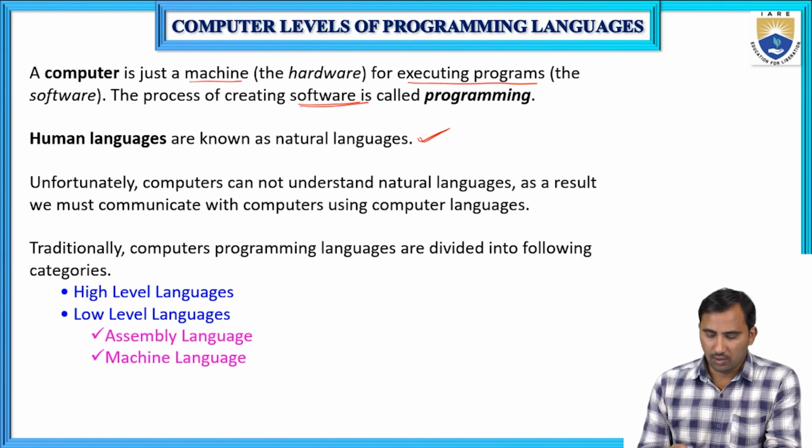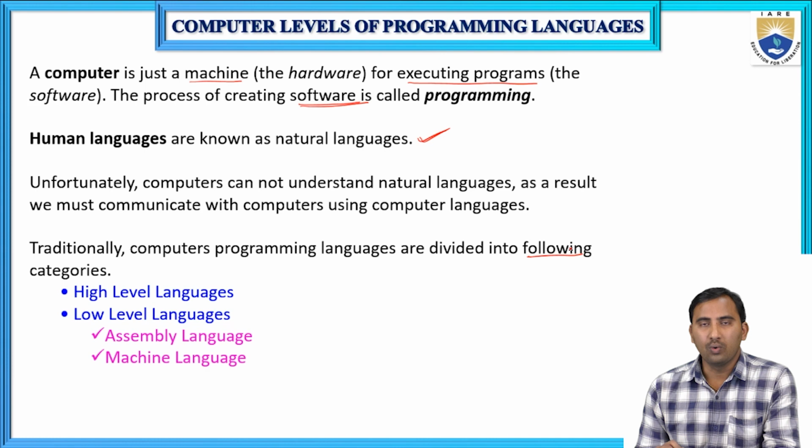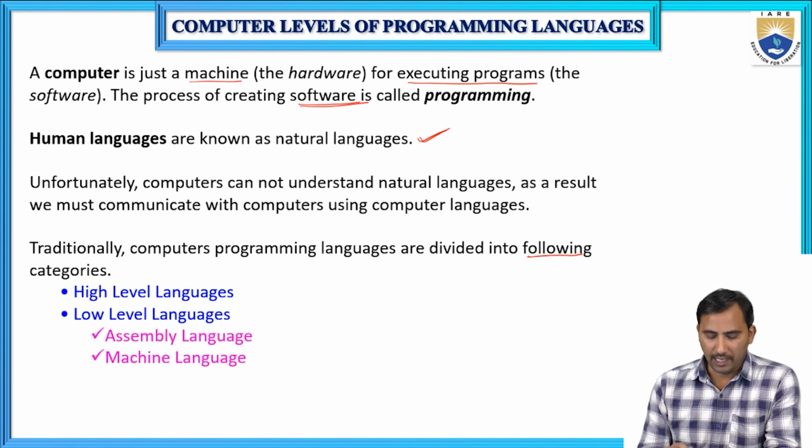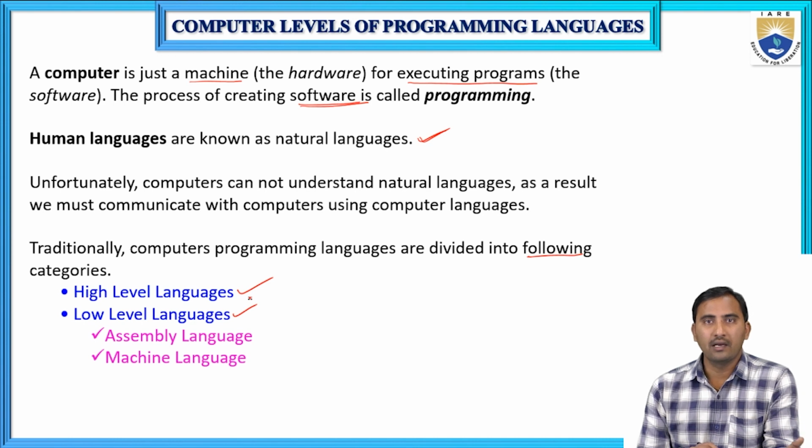The computer programming languages are divided into different types that are mainly classified into two types. One is a high level language and the other is a low level language. These are the main classification of the programming languages.